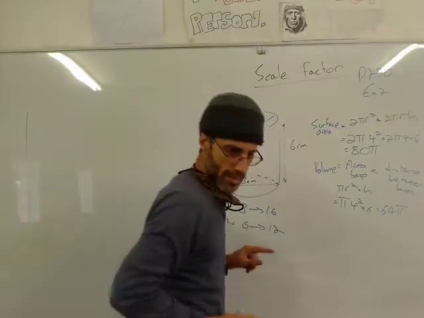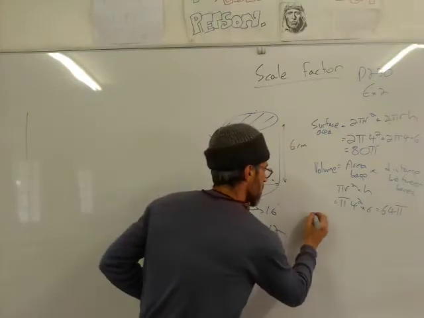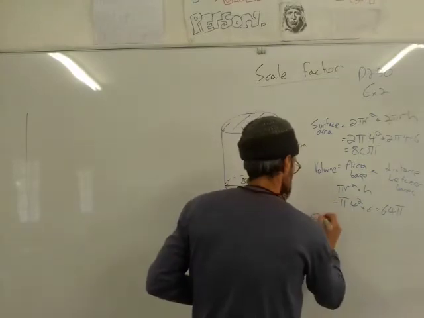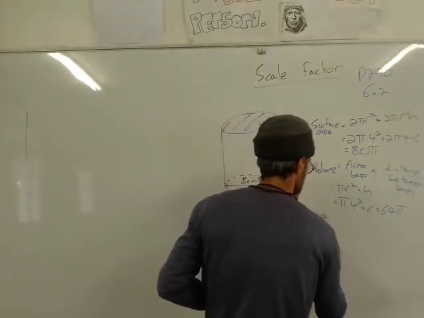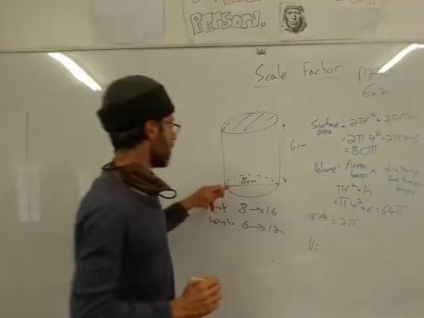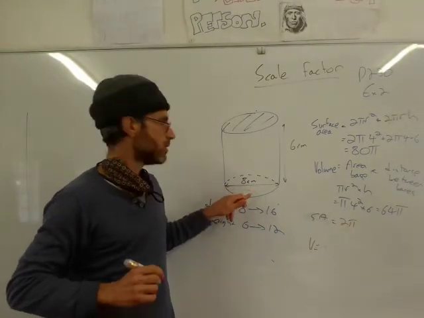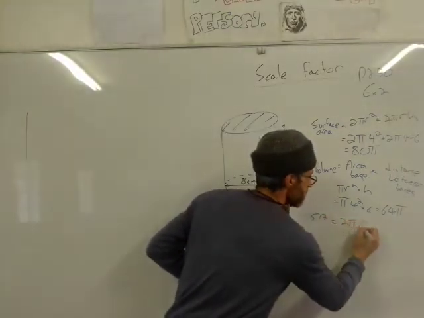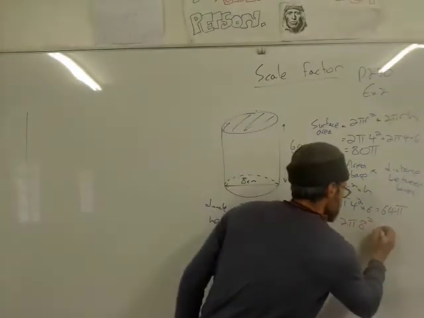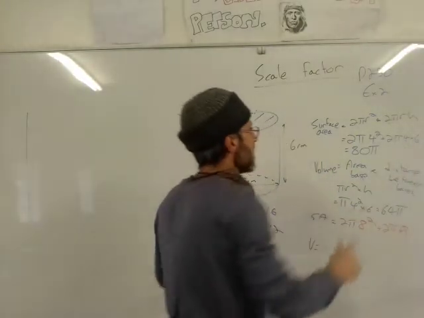I'm going to rewrite these answers. So this is now the new surface area. I'll write in red, and I'll keep this one. So the new surface area and the new volume will be as follows. 2 pi r squared. What is the r right now? If the diameter went from 8 to 16, the new r will be 8. It went from 4, it doubled to 8. So 8 squared, plus 2 pi r, which is 8, times the new height.